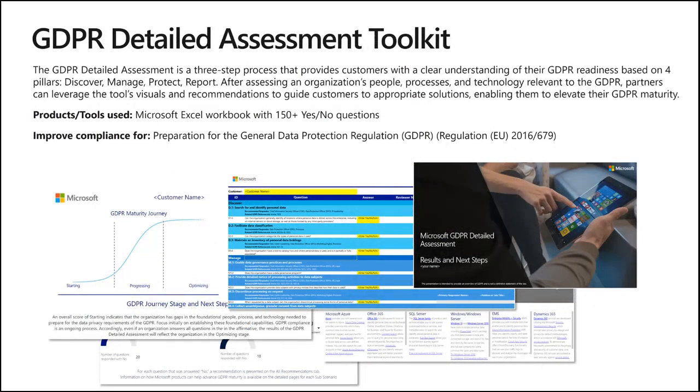GDPR Detailed Assessment Toolkit. This is one that has the greatest ability to provide probably the deepest impact for your customers. It's based on a Microsoft Excel spreadsheet with 150 yes or no questions, and these questions are based off the controls that are part of the regulation that's going to come into effect this year.